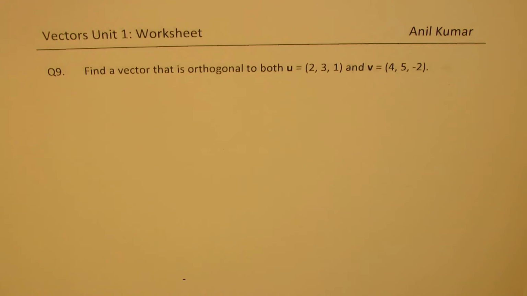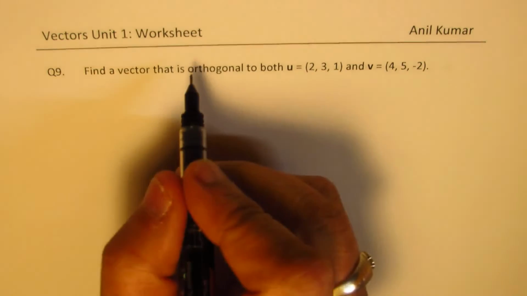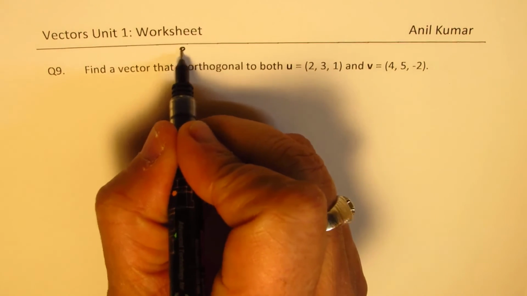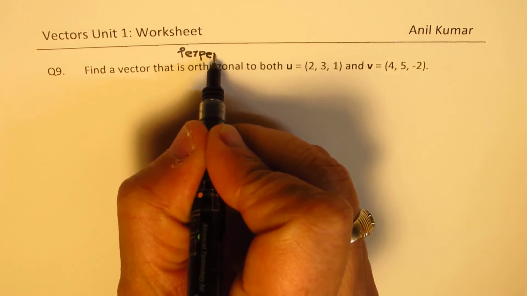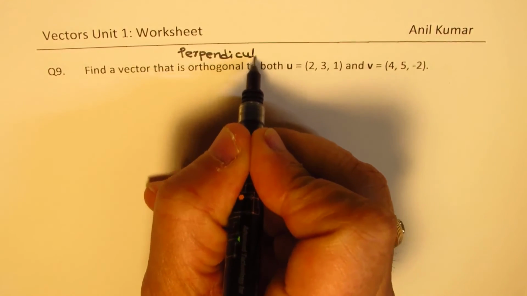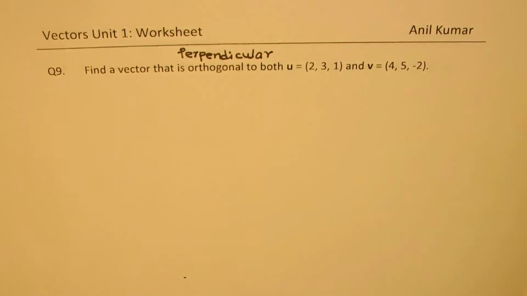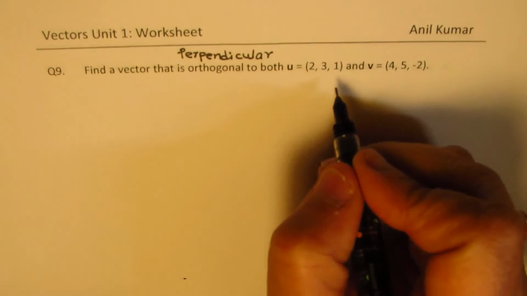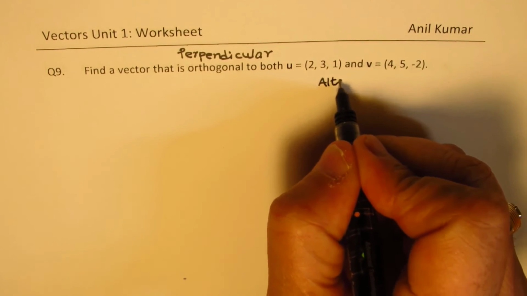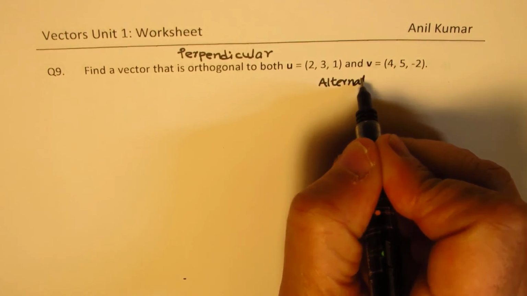Find a vector that is orthogonal to both u = (2, 3, 1) and v = (4, 5, -2). Now, orthogonal means perpendicular, right? In Unit 1, we don't really teach you cross product. So the alternate solution would be using cross product.